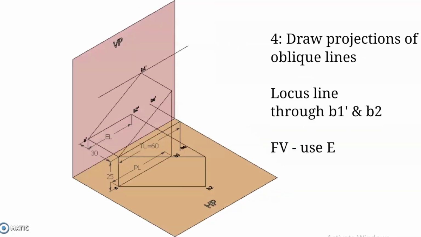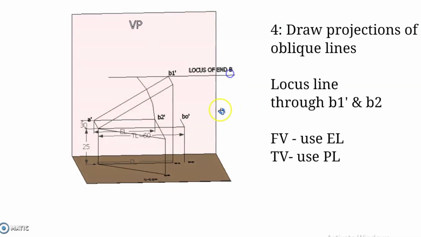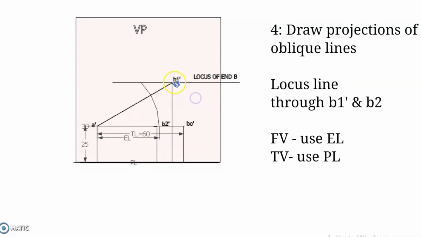Now in the next case, we have to project this elevation line in the front view along this locus of end B. This locus of end B is drawn through the end point b1 dash, and it should be parallel to XY.